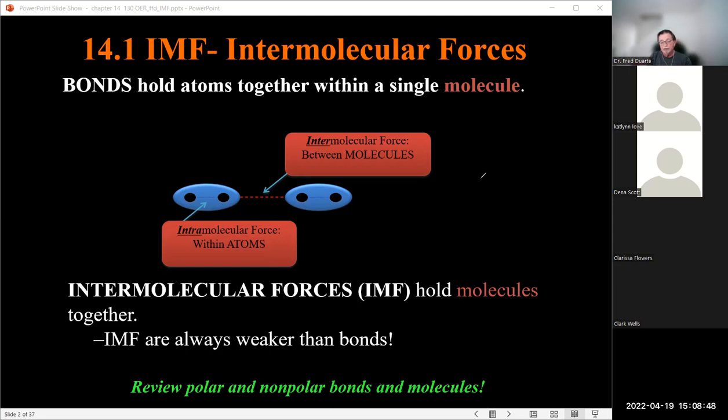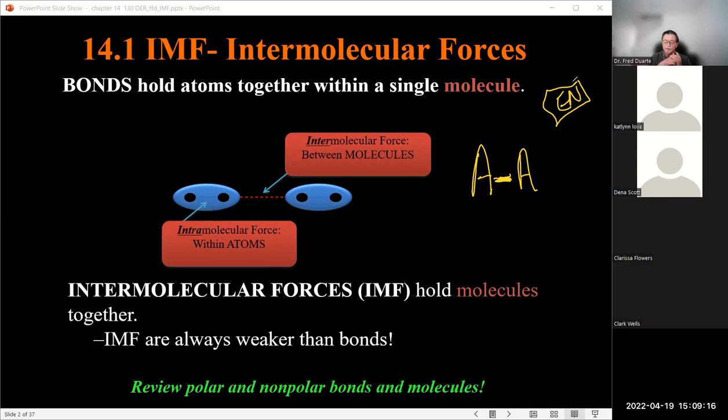If I have a bond between, let's say, A and A, where the atoms are the same, that bond between them, defined here by that hyphen, that line, is an equal share. It's a covalent bond, but it's equally shared because remember the electronegativity? Electronegativity was a measure of the affinity for an atom to pull the electrons onto itself.